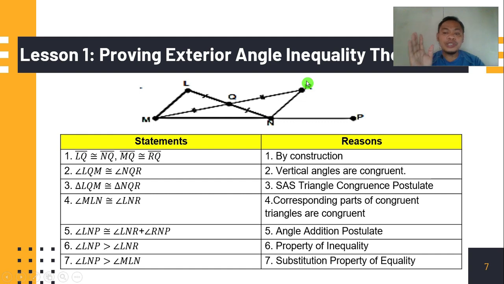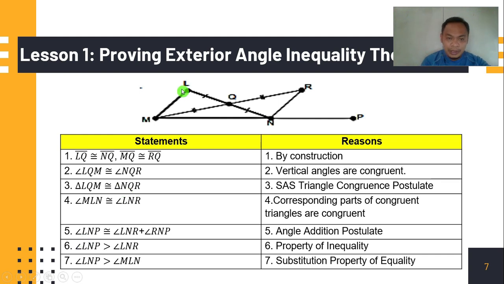Corresponding parts of congruent triangles are congruent. Since this triangle is congruent to this triangle, this angle here is congruent to this angle. This is MLN and this is LNR.